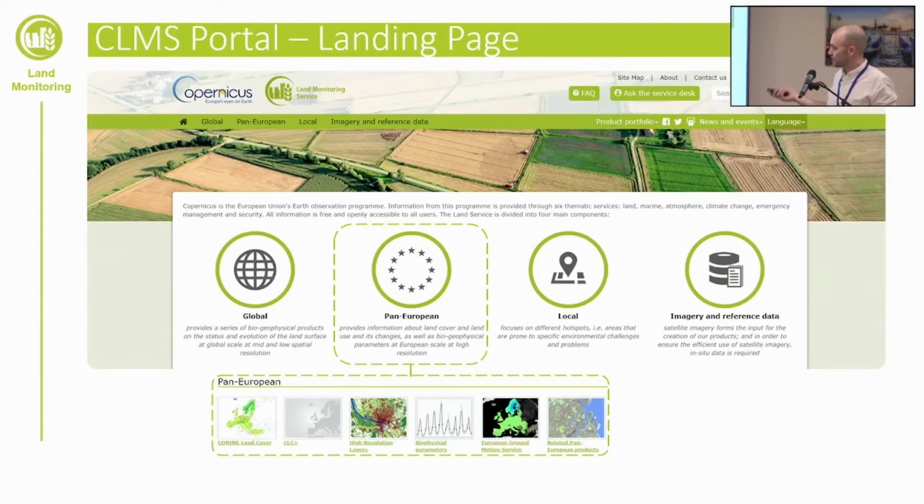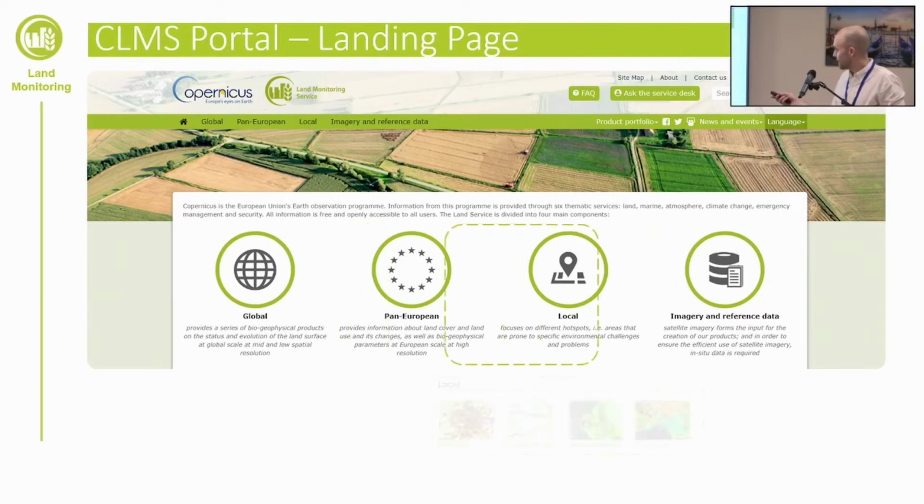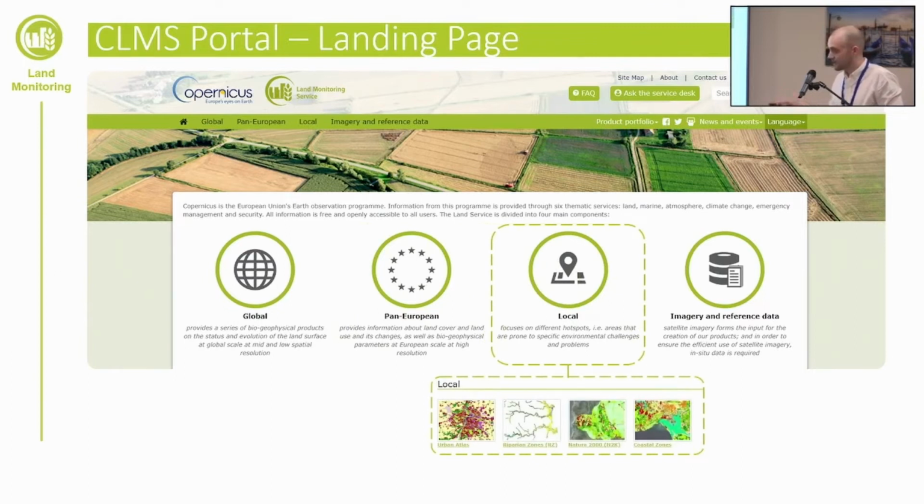In the pan-European, we have the high-resolution layers, the legacy CORINE Land Cover, CLC Plus, which is a fairly new production, and also the biophysical parameters. Further, in the local, as Anna presented yesterday, we have the riparian zones, the urban atlas, etc.